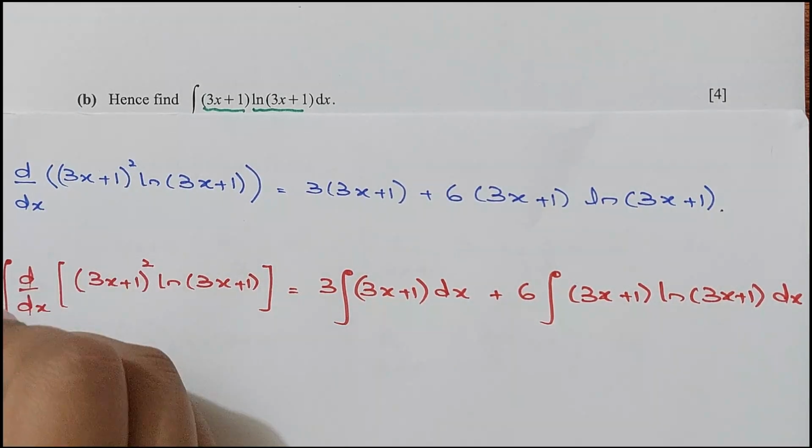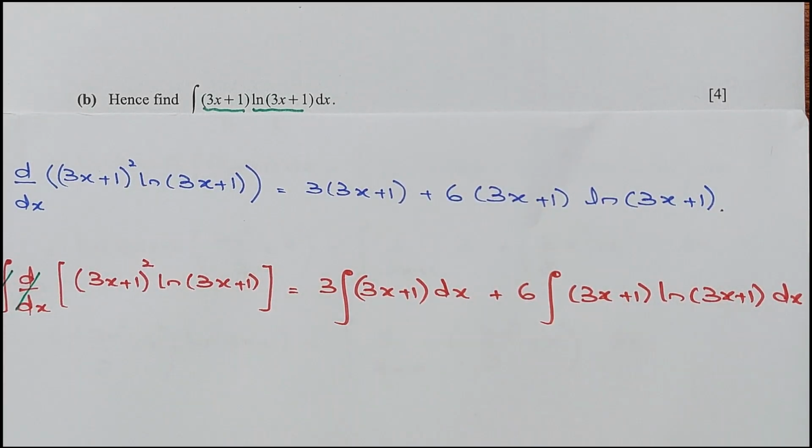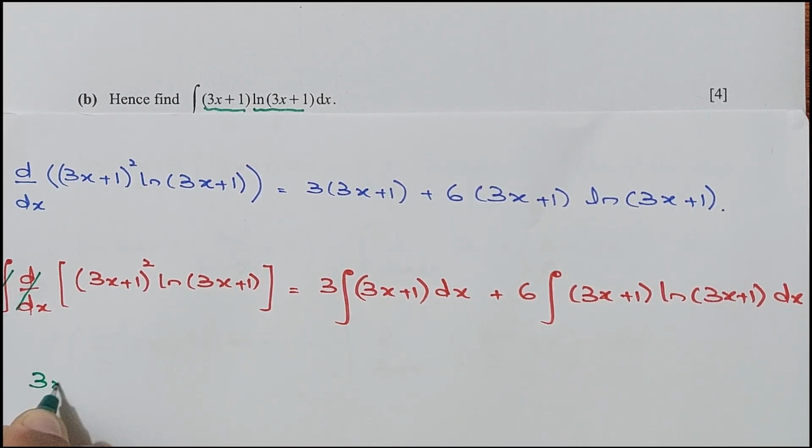Okay, so here we know that derivative and integration cancel, so we are left with 3x plus 1 whole square ln of 3x plus 1.